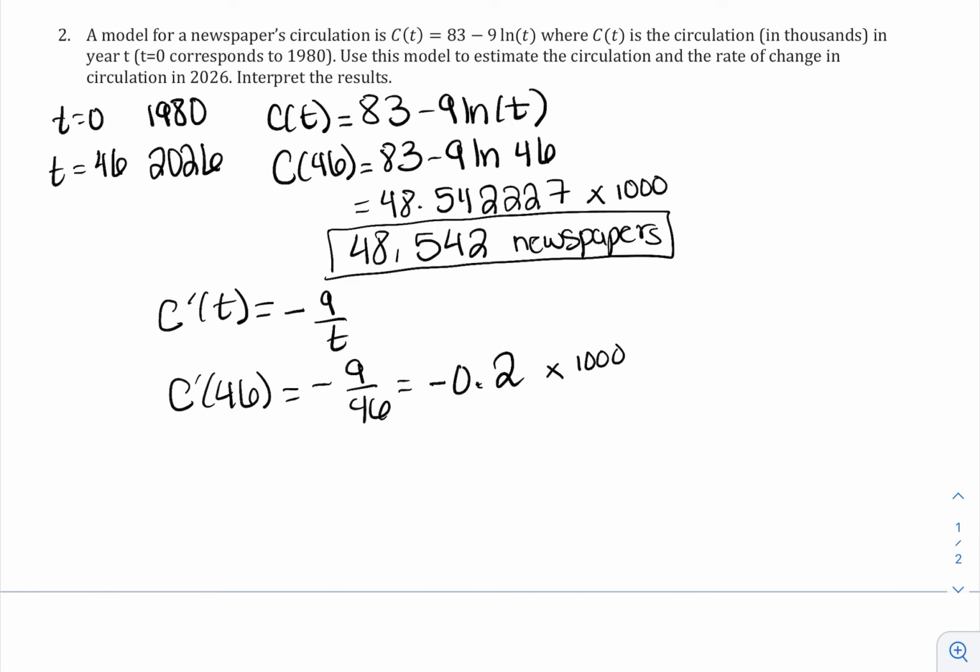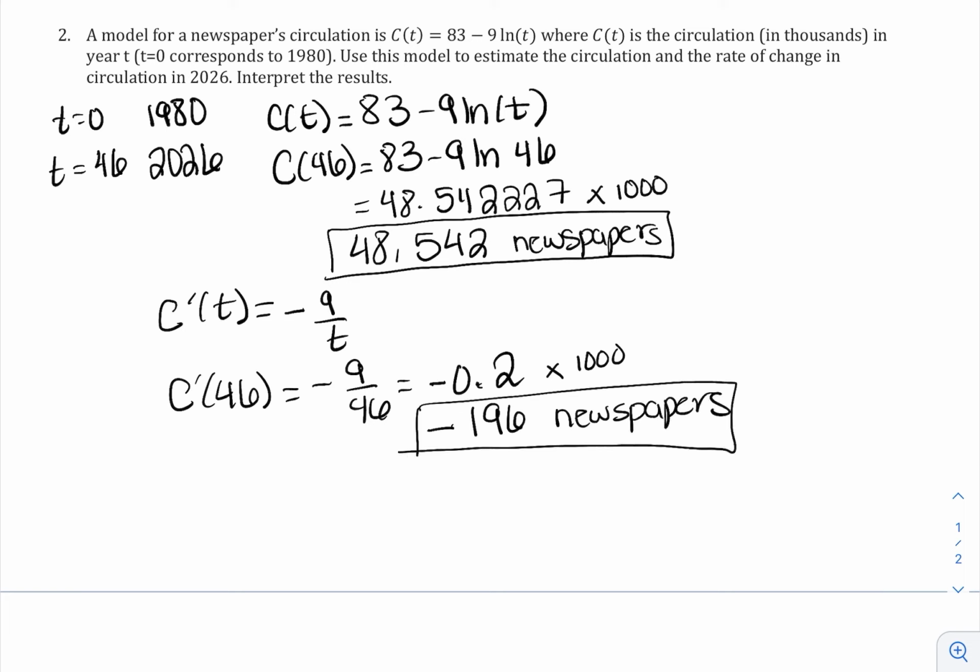Here we go. So it's going to be negative 196 newspapers. And let me change this one above to a few decimal places. It's very easy to forget that you're in 1000s, right? So normally one of the things that I do to help me with that is always to reread the question one more time before I finish it.